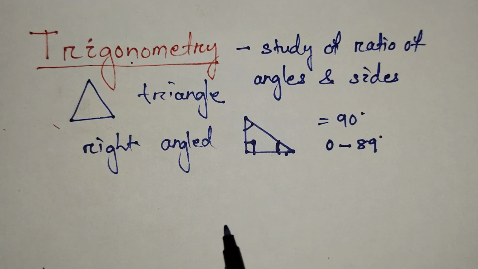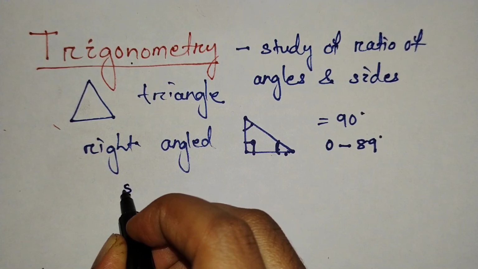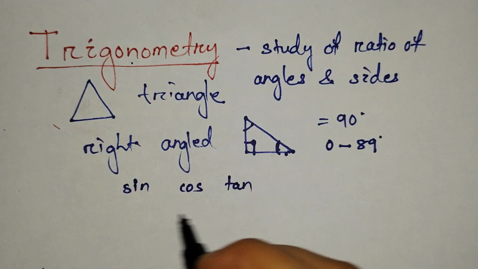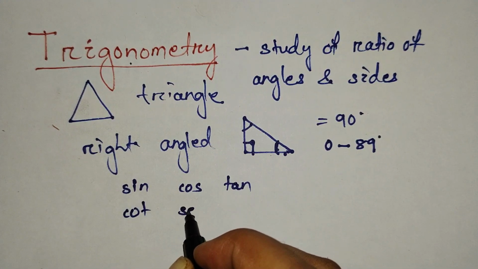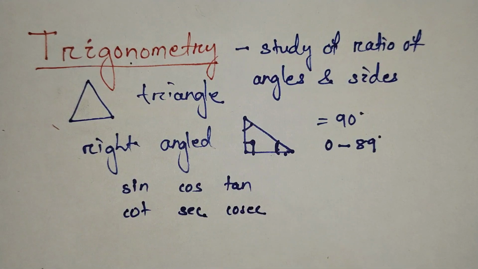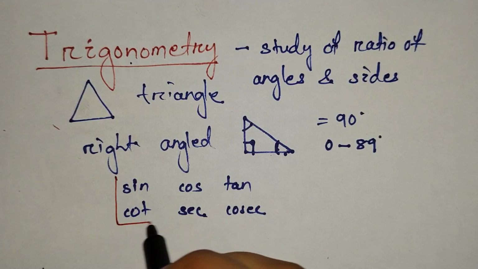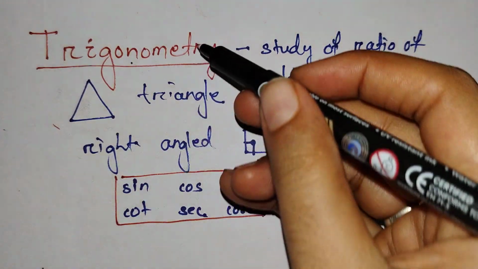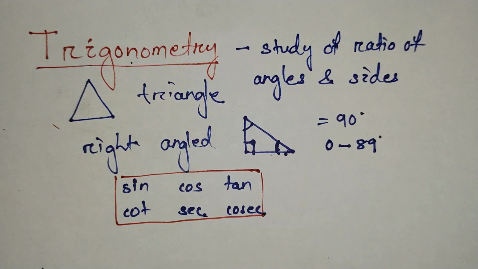Trigonometry has 6 ratios: sine, cos, tan, cot, sec, and cosec. Remember, these are the 6 ratios in trigonometry. These are side ratios, and we will study different values in my next video.